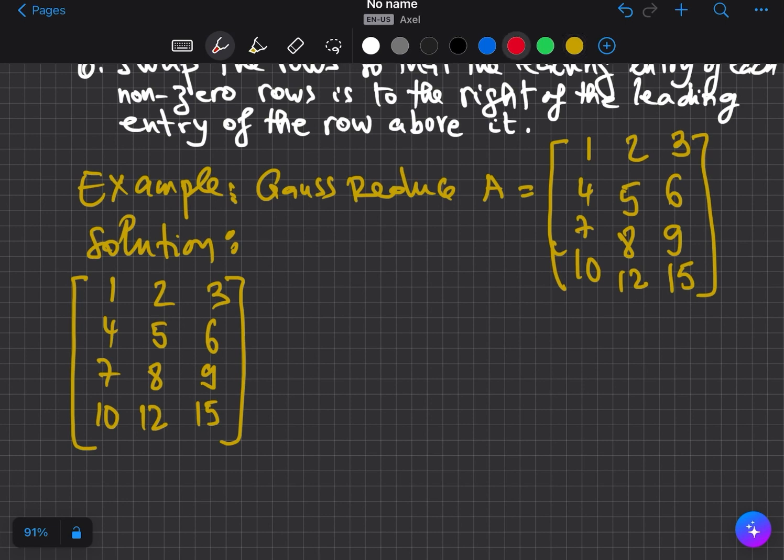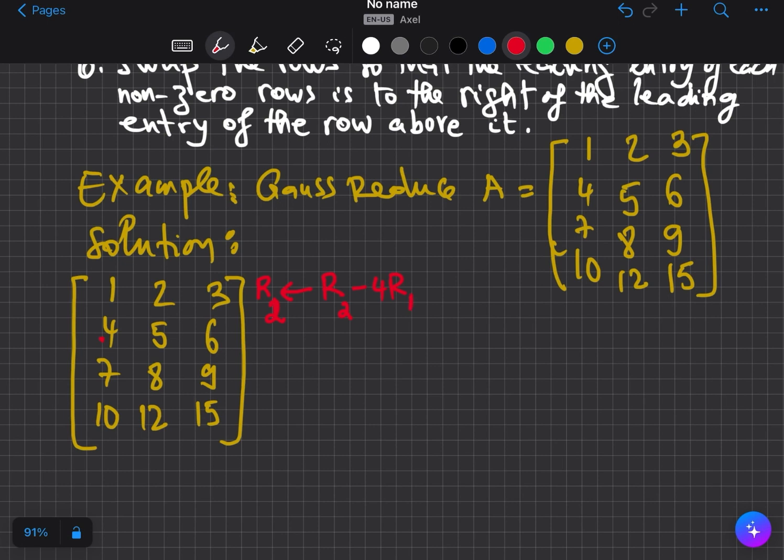The leading entry of the first row is already 1, so that's fine. And we say that everything above or below a leading entry should be 0. So we need to make this term here 0. We will do that: R2 is replaced by R2 minus 4 R1.